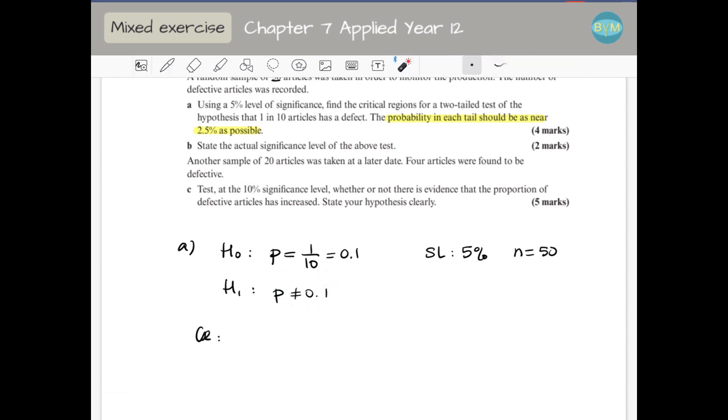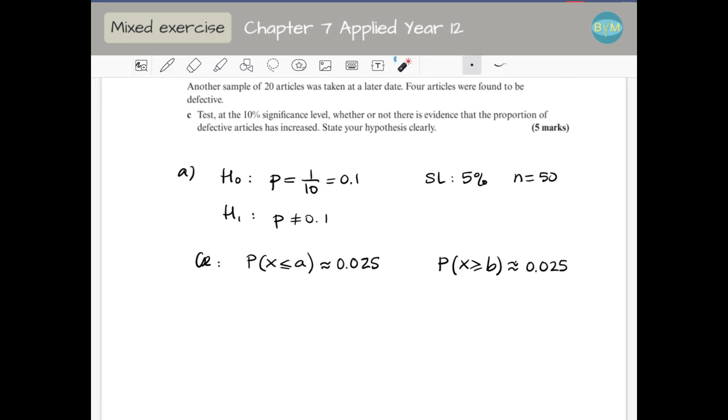When it's different, I'm going to have a critical region where the probability of X being smaller or equal than an A would be smaller than half the significance level in general conditions, but they say as close as possible. So I'm going to write this just to make the difference: as close as possible to 0.025, and I have to find a B, again as close as possible to 0.025.